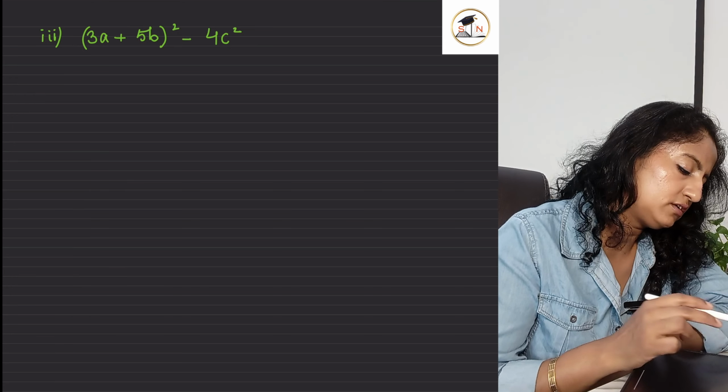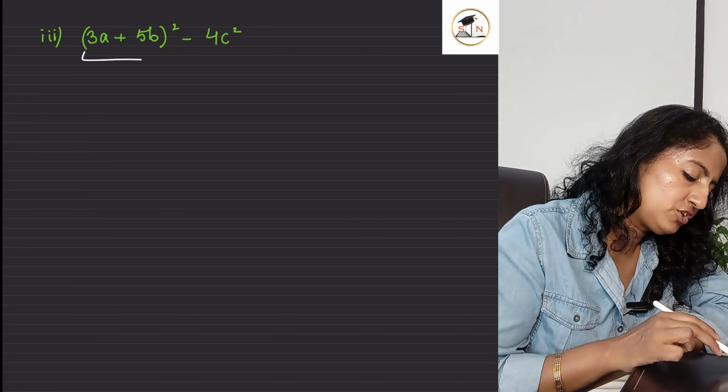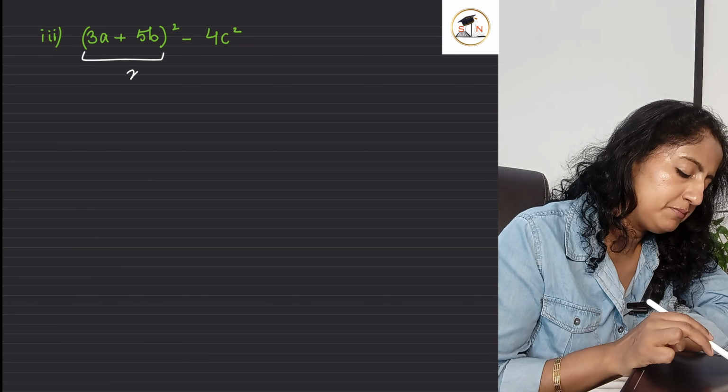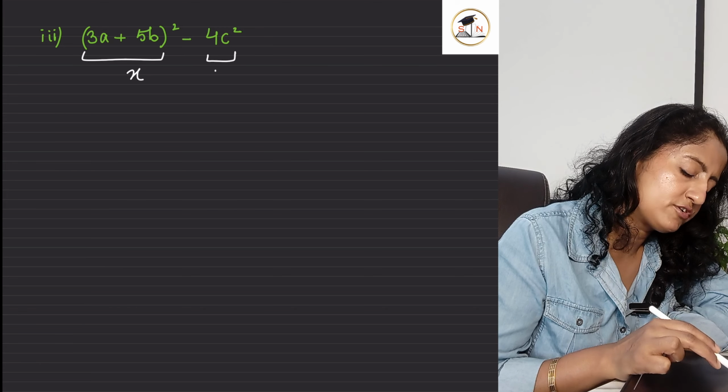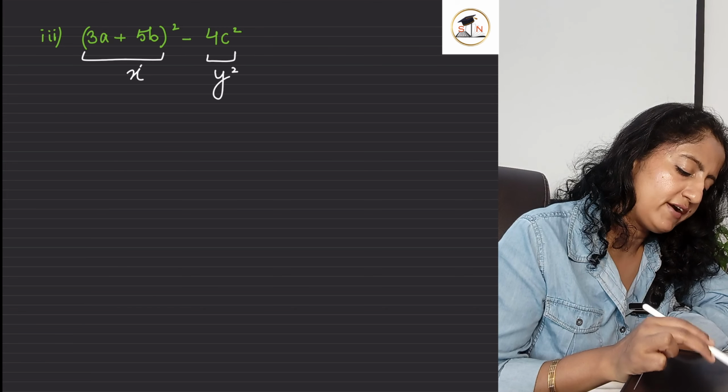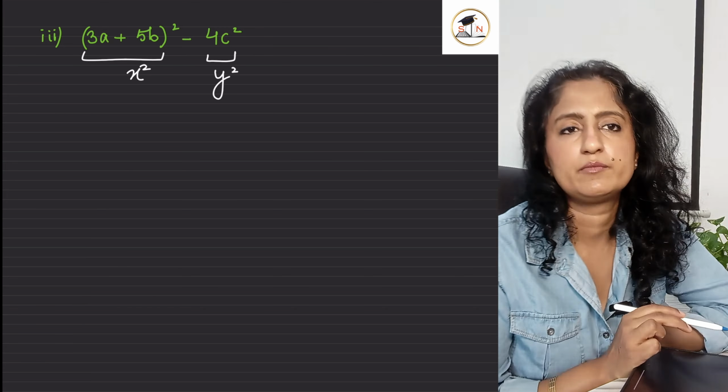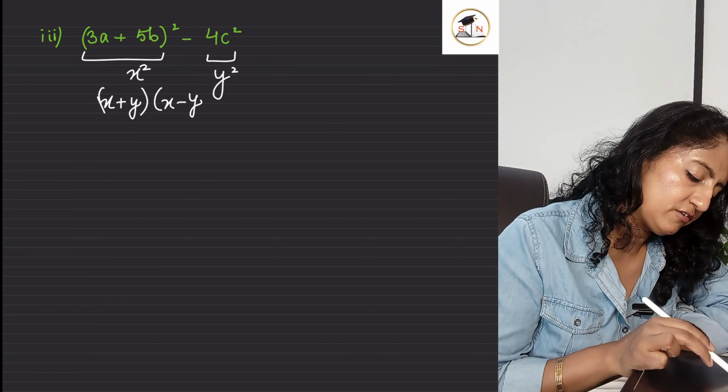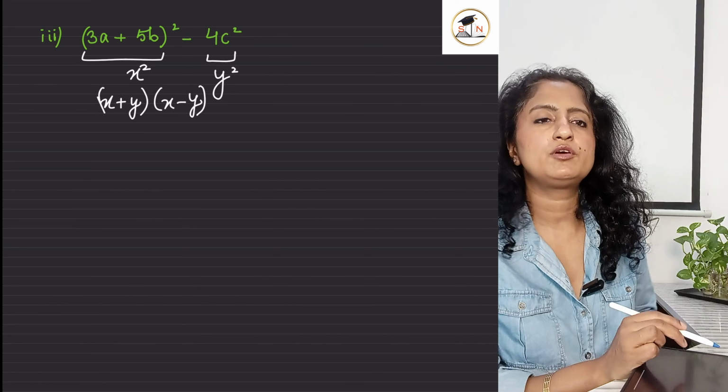So when we are using the third identity, 3a plus 5b becomes your x, and 4c square actually becomes your y square, x square and y square. Okay, now we need to have x plus y into x minus y, right? So what is going to be your x?